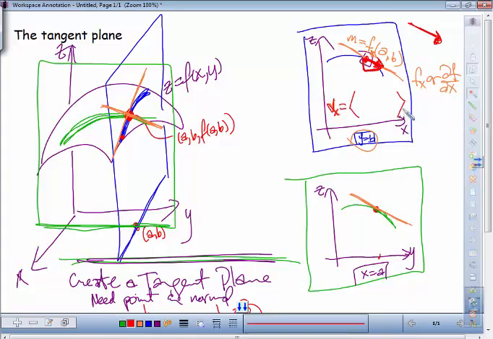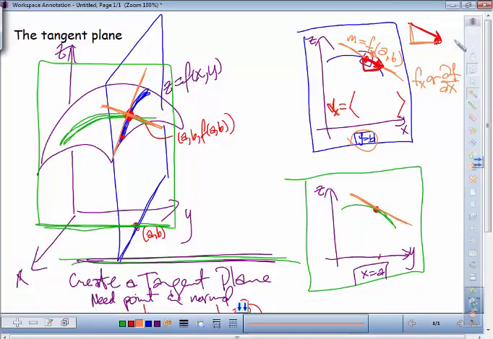Now, I need to fill this with three things: an x component, a y component, and a z component. Now, one of those components should be obvious. You probably want to do the obvious one first, but let's take a look at the other two that are not obvious.